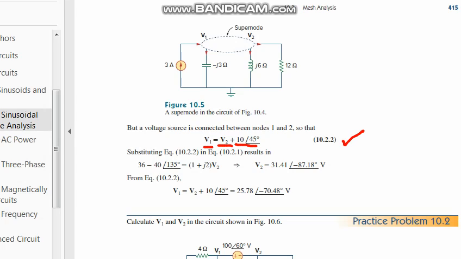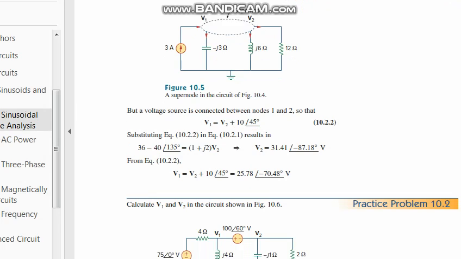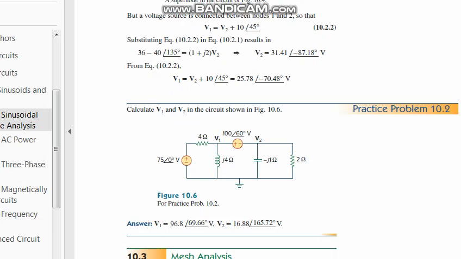Substituting equation 1 and equation 2, we can easily find V1 and V2. You got it? That is the special section of supernode analysis. I hope you understand clearly, and you will rewind this video and look at the important parts to study and understand nodal analysis very clearly.